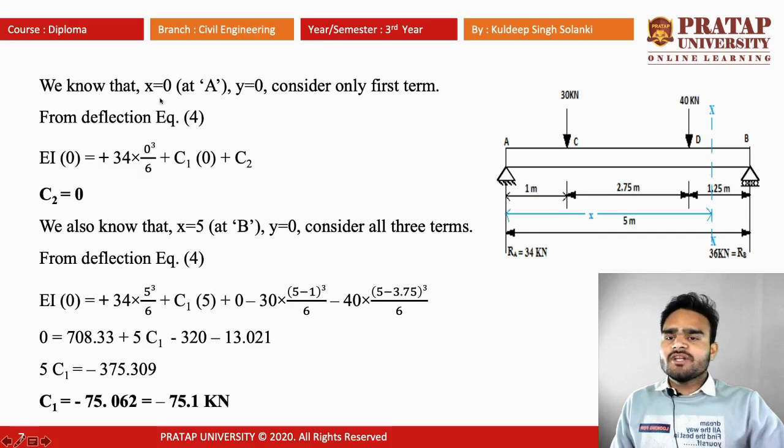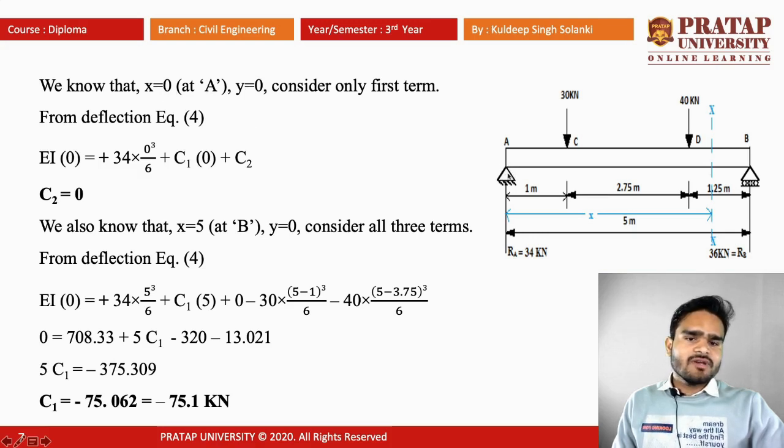In this beam, x equals 0 means x starts from A, that is, at the support. At the support, deflection is 0, and at the support, slope is maximum.